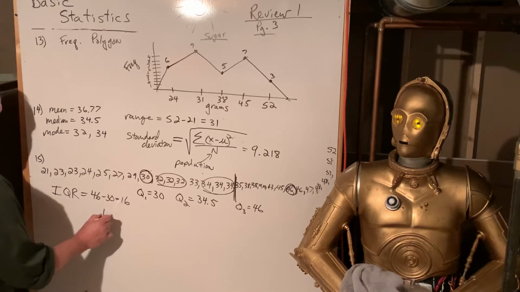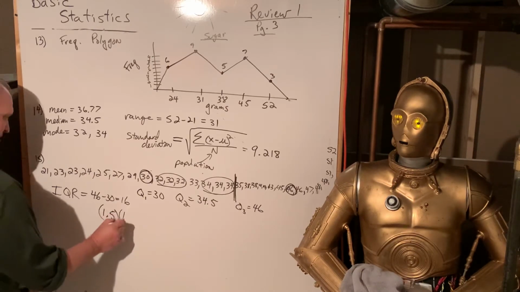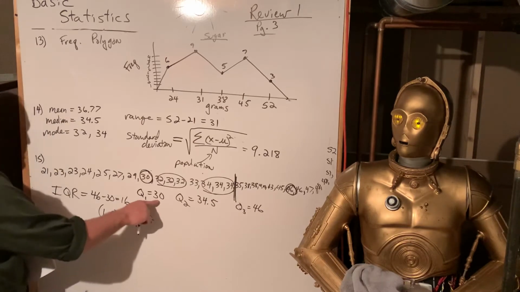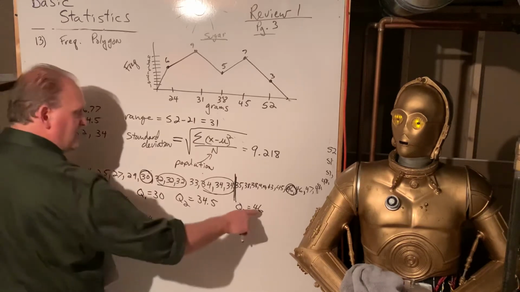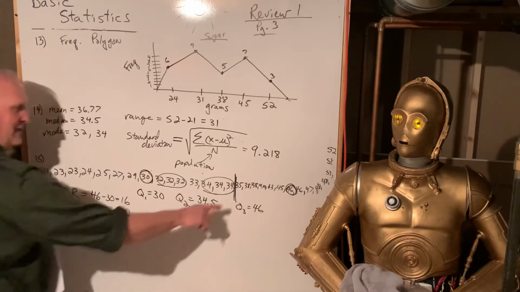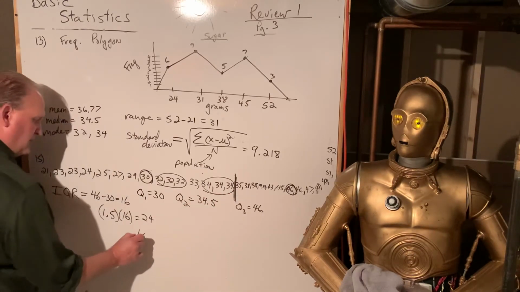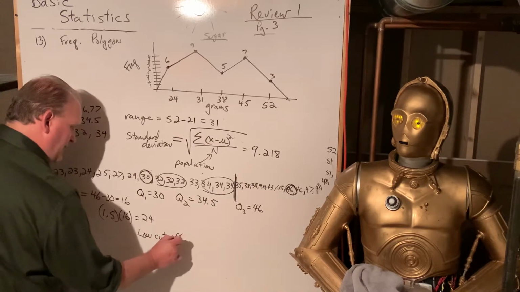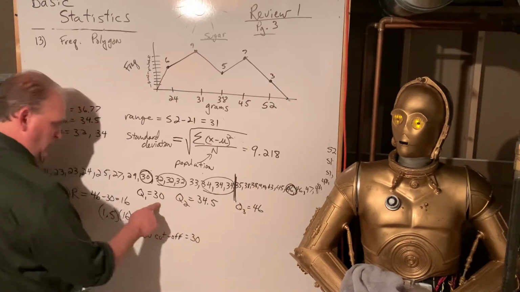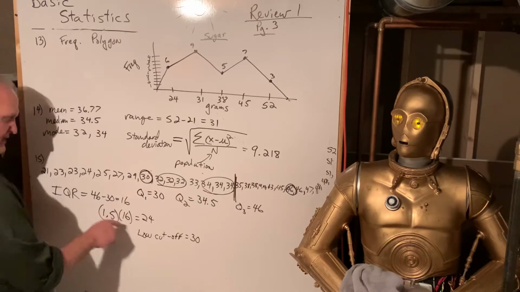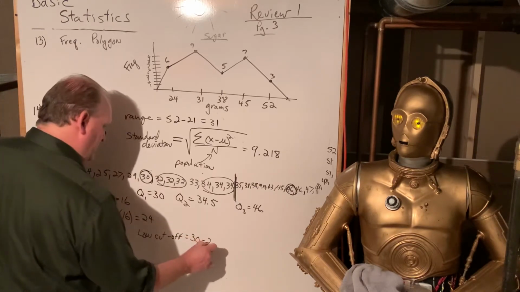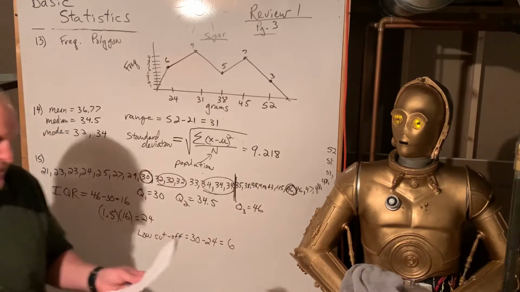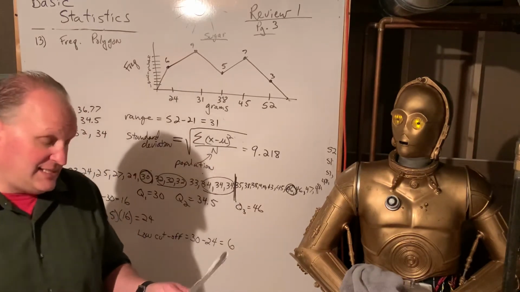So 1.5 times 16 is 24, and that's what you subtract for the low cutoff and add for the high cutoff. The low cutoff for an outlier would be 30, the lower quartile, minus 24, so 6. Anything below 6 would be considered an outlier in this set.